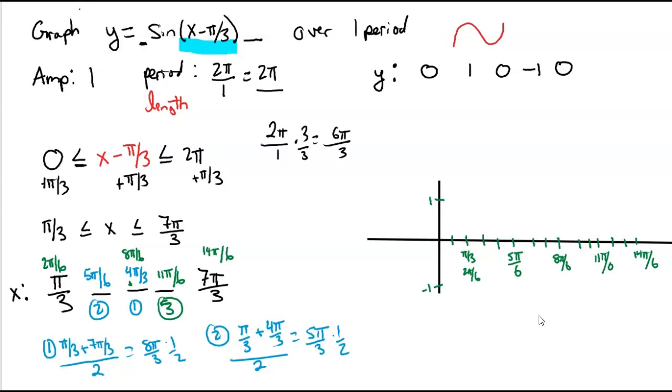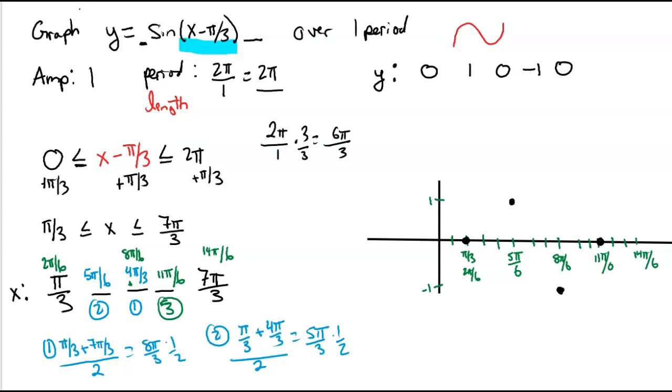And now we're just going to plot our points. So pi over 3 is my first number, and let's plot that in black. So pi over 3 gives me 0, so it crosses your x-axis at 0. 5 pi over 6, that's at 1. And then 8 pi over 6, we're right down to -1, so we're down here. 11 pi over 6, we're at 0.